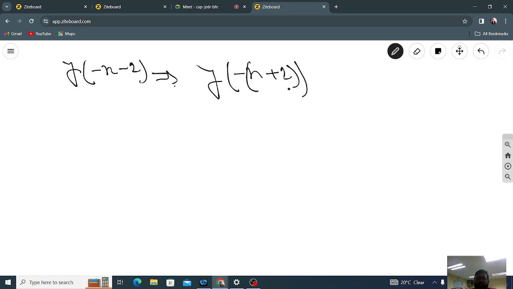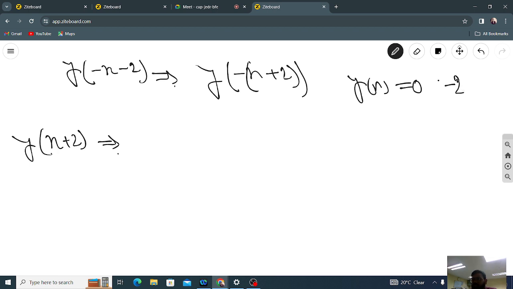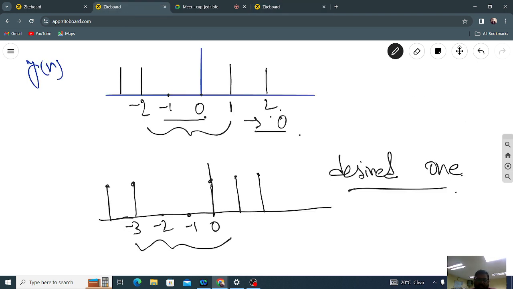So the signal y of n plus 2, how will it look? First we draw y of n plus 2. Remember, y of n is 0 within the range, taking the values y of 0 and y of -1. This is taking the value 0 as per this definition.